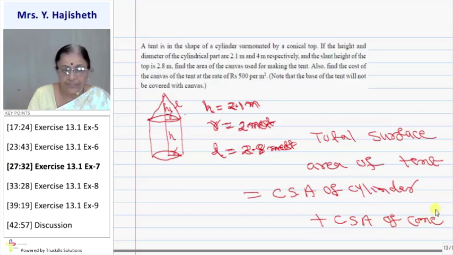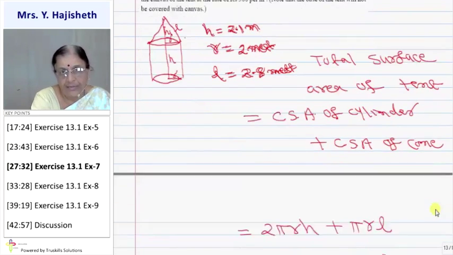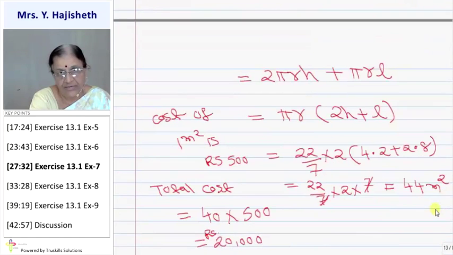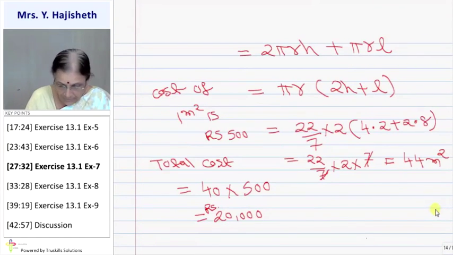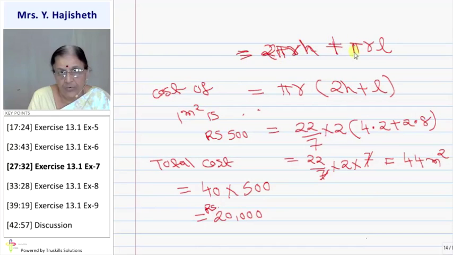Clear? Put the formula. What is curved surface area of cylinder? It is 2 pi RH. And what is the curved surface area of cone? It is pi RL. Clear?